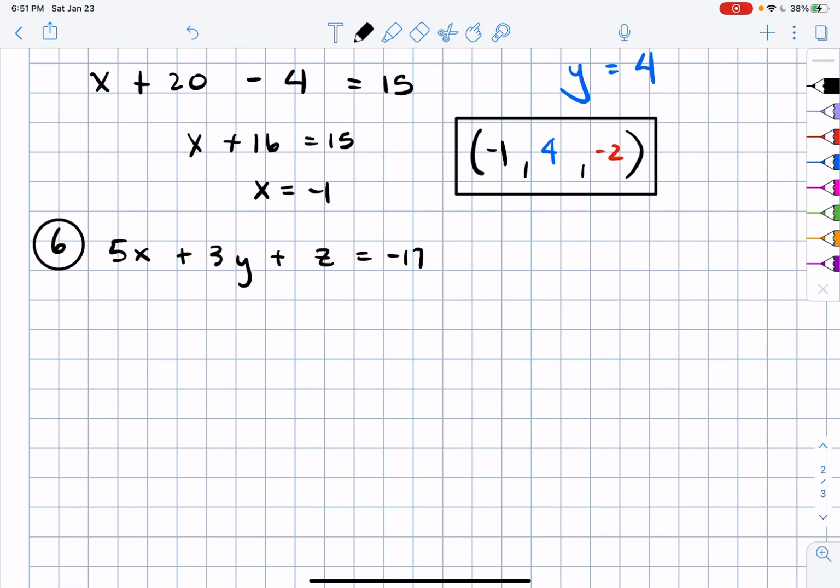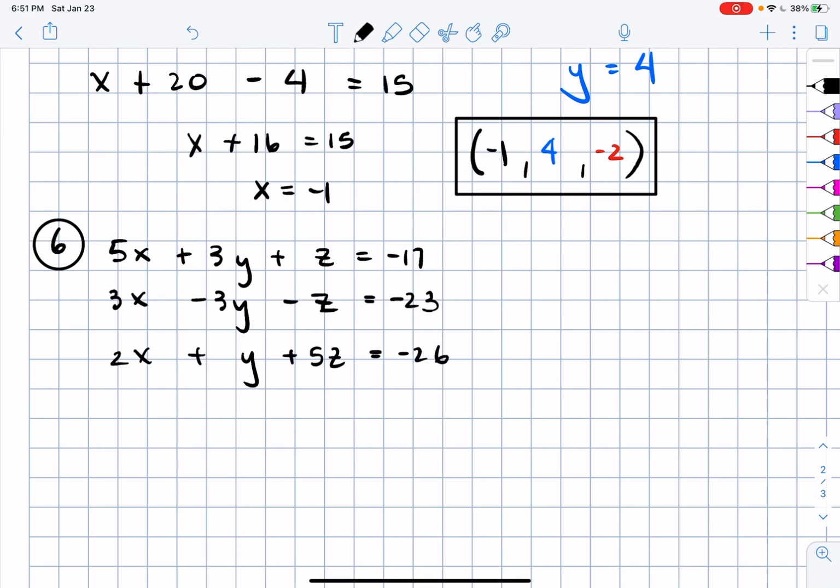I have 3x minus 3y minus z is equal to negative 23. And 2x plus y plus 5z is equal to negative 26.